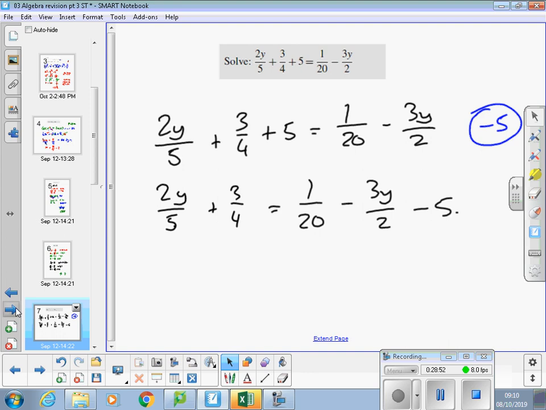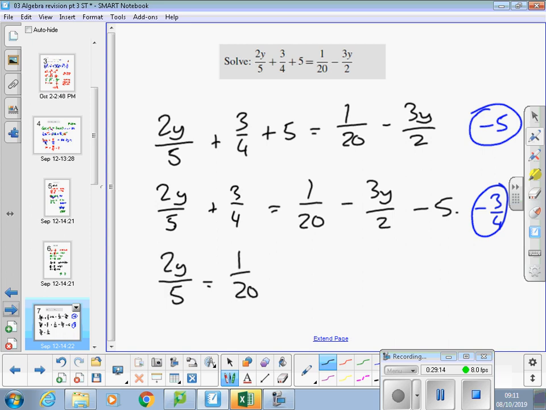If you take away the 3/4, we'll only have that y term on that side then, won't we? So minus 3/4 leaves us 2y over 5 is equal to 1/20th minus 3y over 2 minus 5 minus 3/4.